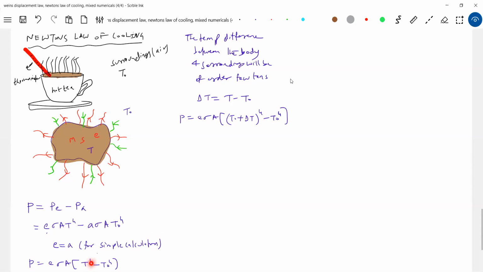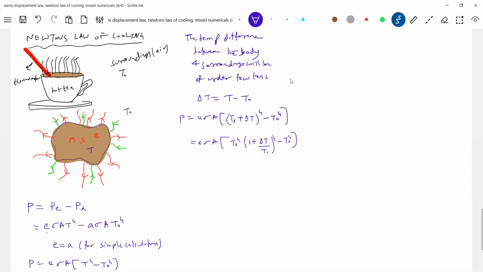Try to see this. I can write T naught plus delta T to the power of 4. Okay, let me take T naught outside: E sigma A. Now, what is usually delta T?